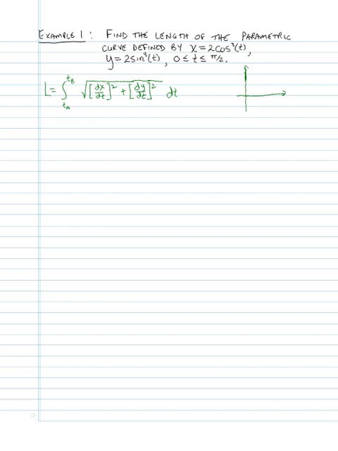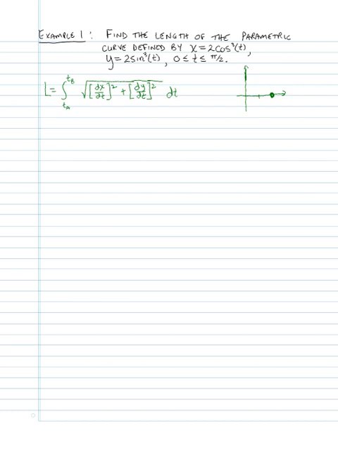If t is equal to 0, cosine of 0 is 1, and when we cube that we get 1, so x is 2 times 1, which is 2. At the same time, when t is 0, sine of 0 is 0, and when we cube that, we get 0, so y is 2 times 0, which is 0. So here is 1, here is 2 for the x value, so we're at this point. That's when t is 0.